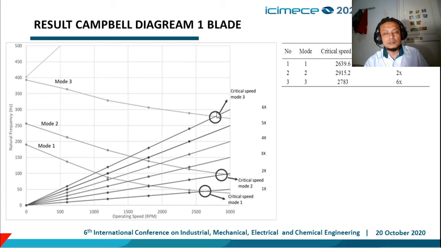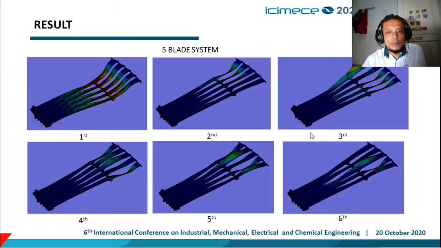We got intersections at 1 times, 2 times, and 6 times, with critical speeds for the last blade of 2639, 2915, and 2783 for the 1 blade system.